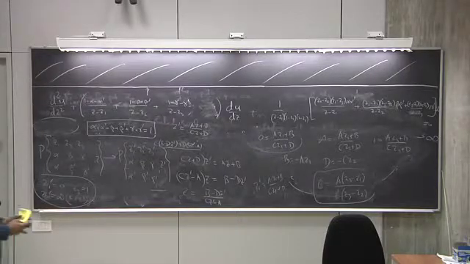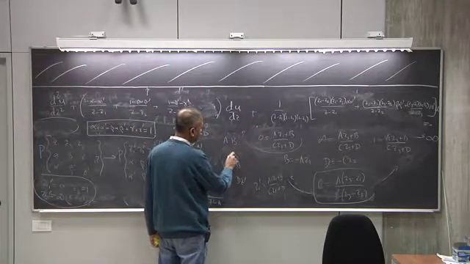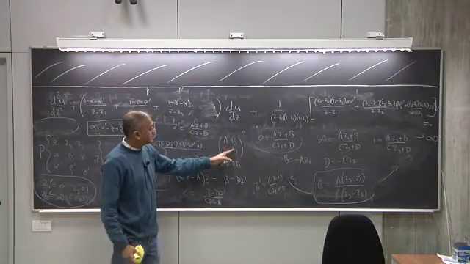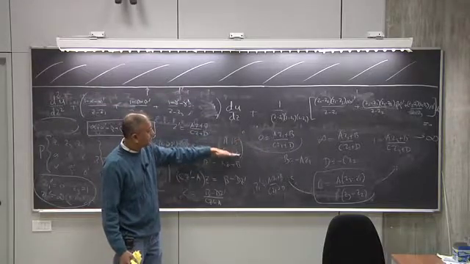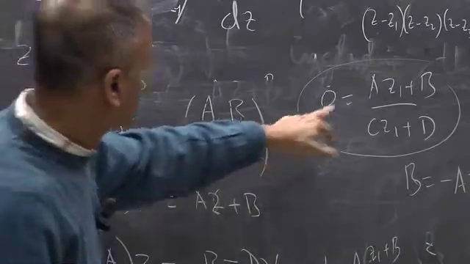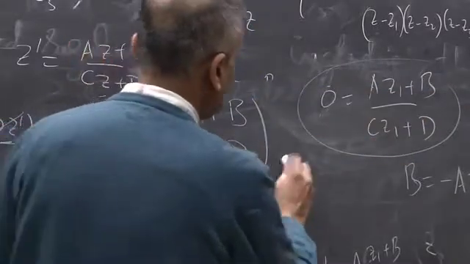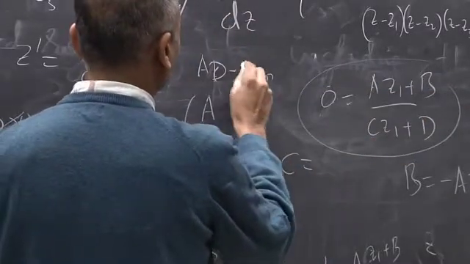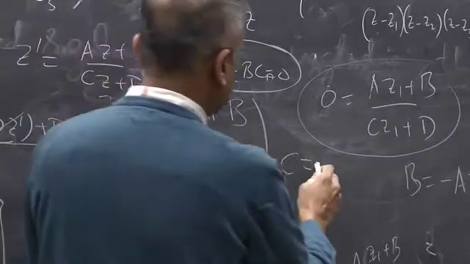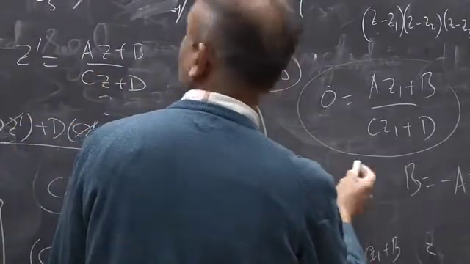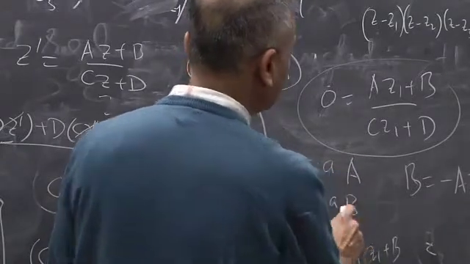Because if you think of this matrix A, B, C, D, a 2 by 2 matrix, and AD minus BC, the determinant, is 0, then the rows are linearly dependent. This implies that C is some constant, say, little a times capital A, and D equals little a times capital B, same a.